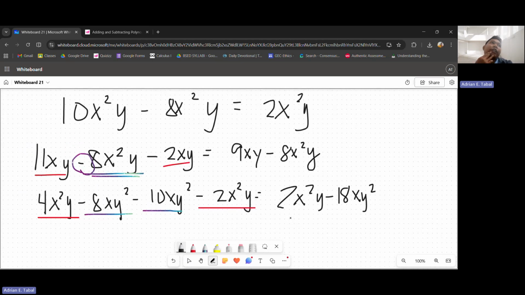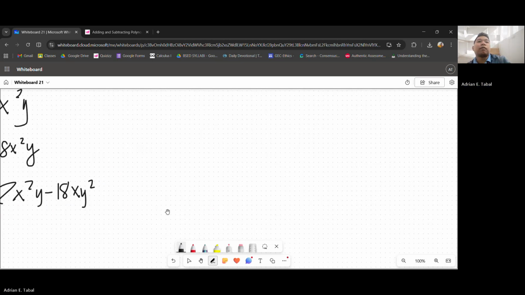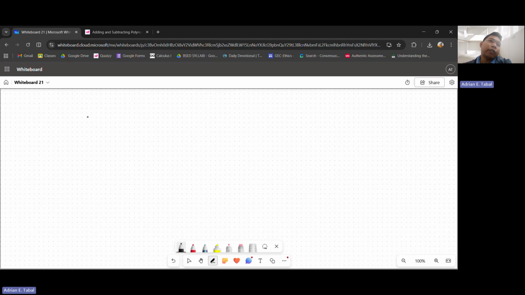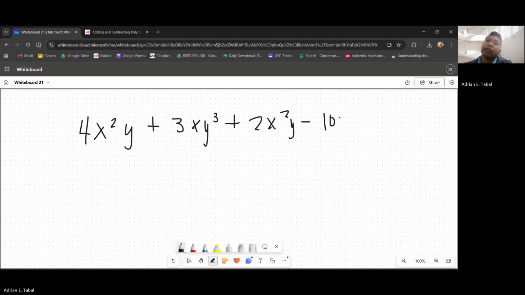So let's have a challenging equation. How about we have 4x squared y plus 3xy cubed plus 2x squared y minus 10xy cubed. First, we are going to find the like terms of this equation.